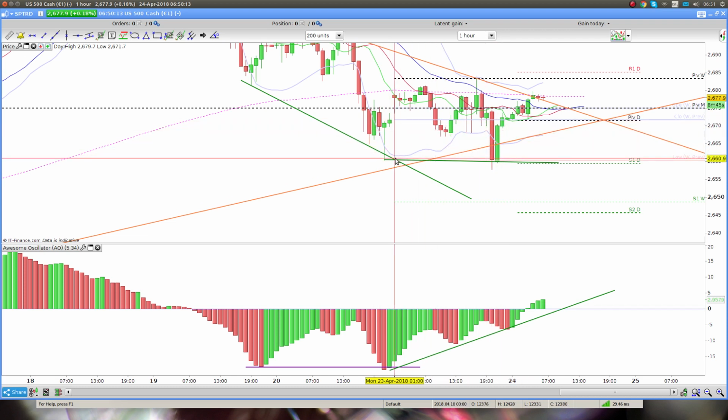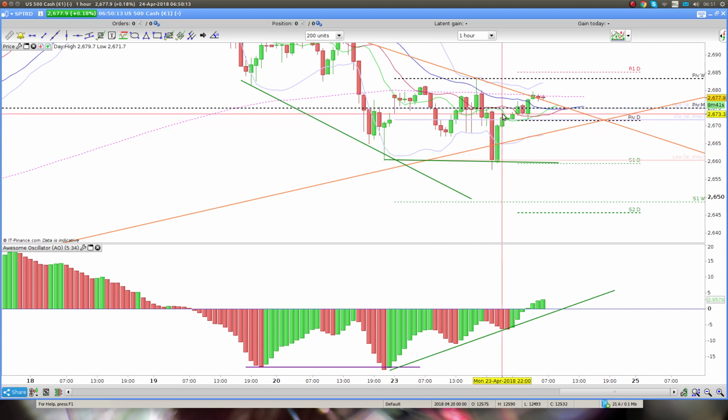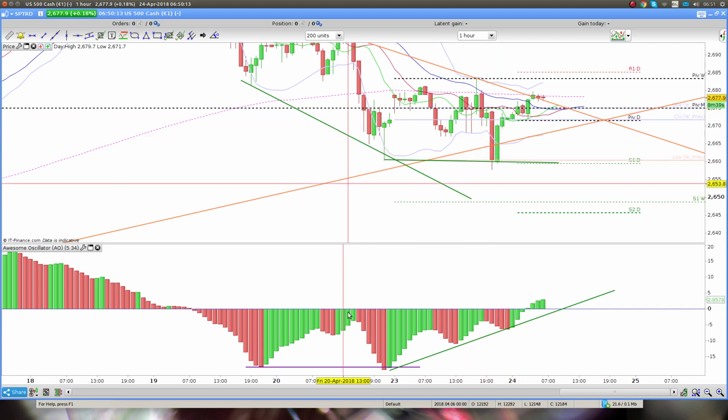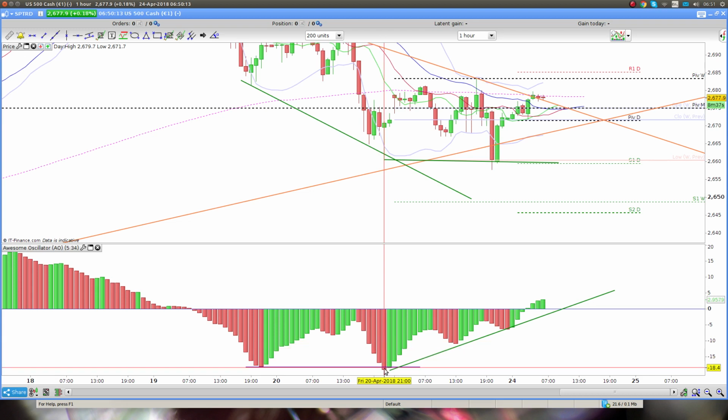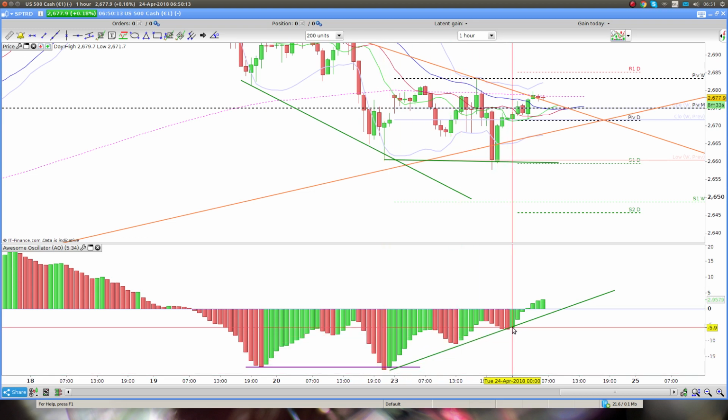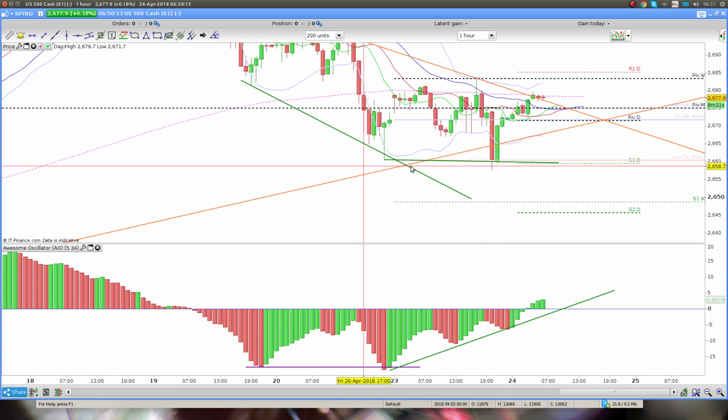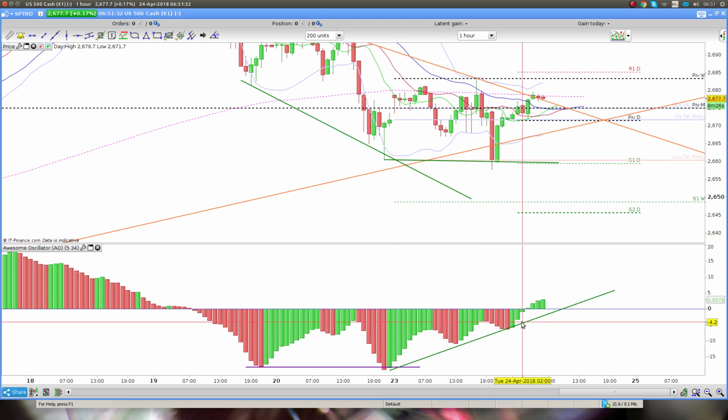As soon as we test this bottom, price action moved to the upside. But the important part here is to see what the Awesome Oscillator did. And you see we had a low, higher low, higher low. While price pretty much stayed at the double bottom, the Awesome Oscillator came to the upside.